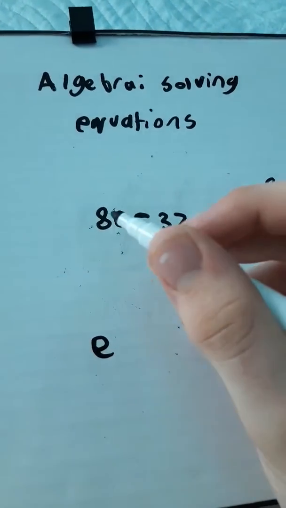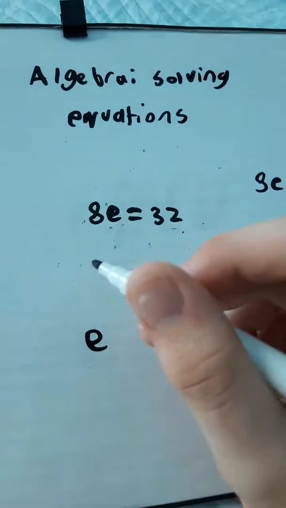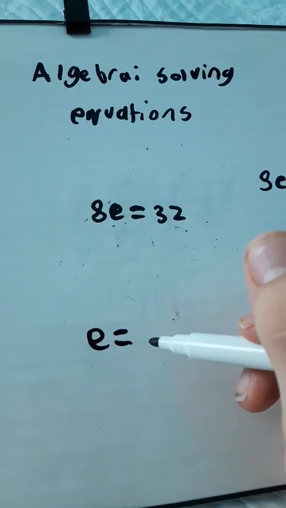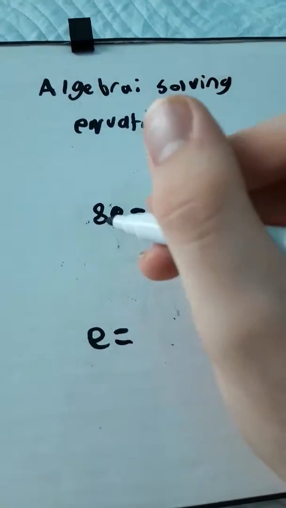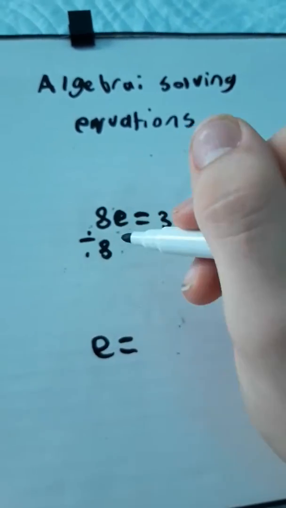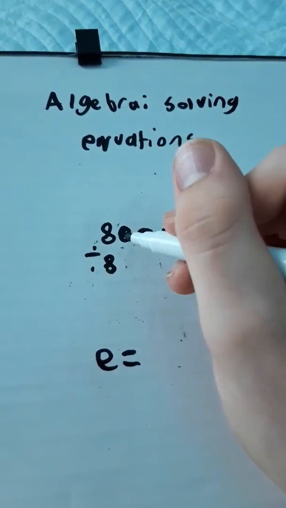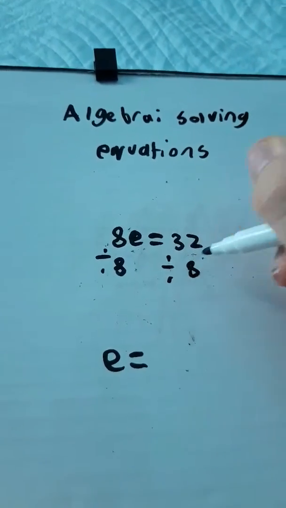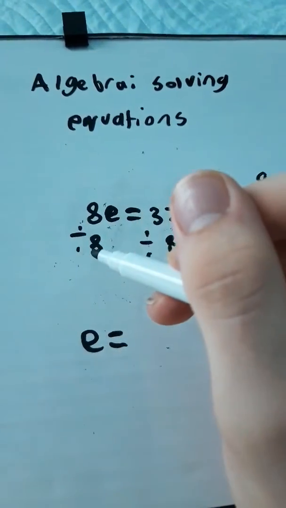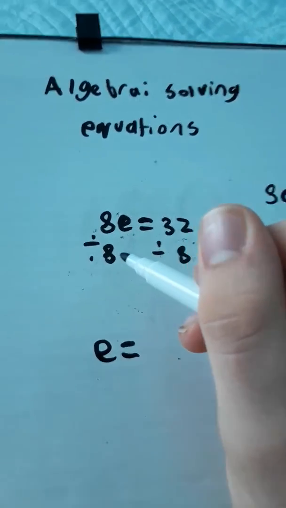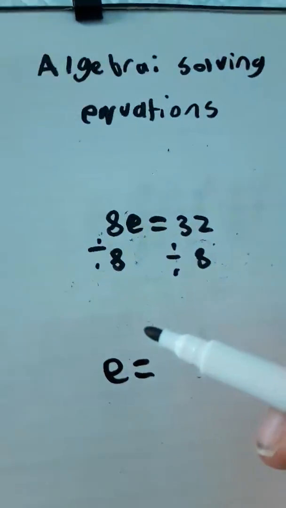So in order to get your answer in terms of e, instead of multiplying by 8, you want to divide by 8. So 8e divided by 8 would be just e, or 1e.